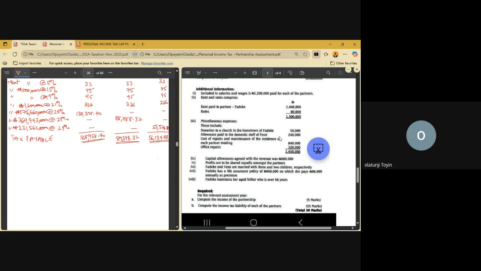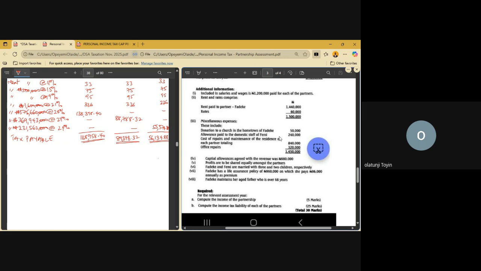Rent and rates comprise rent paid to partner Fadike. Miscellaneous expenses include donations to a church in the hometown of Fadike, allowance paid to the domestic staff of Femi, cost of repairs and maintenance of the residence of each partner, and office repairs.